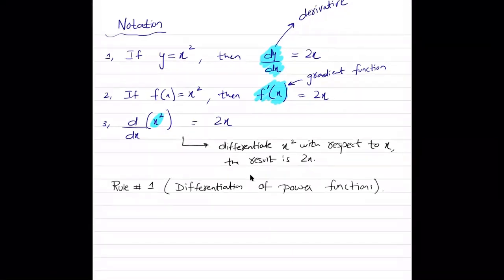Now the rule says that अगर आपके पास एक function है that is y equals x to the power n, could be any power, then इसका जो gradient, जो इसका derivative होगा, dy by dx, is always going to be equal to n x to the power n minus 1. The rule says you are going to multiply the power with x, making n x, and you are going to decrease the power by 1.